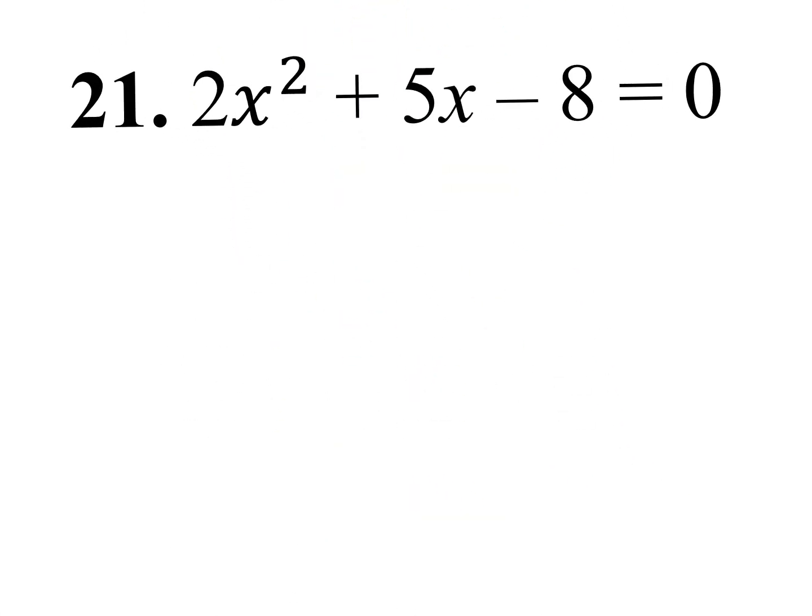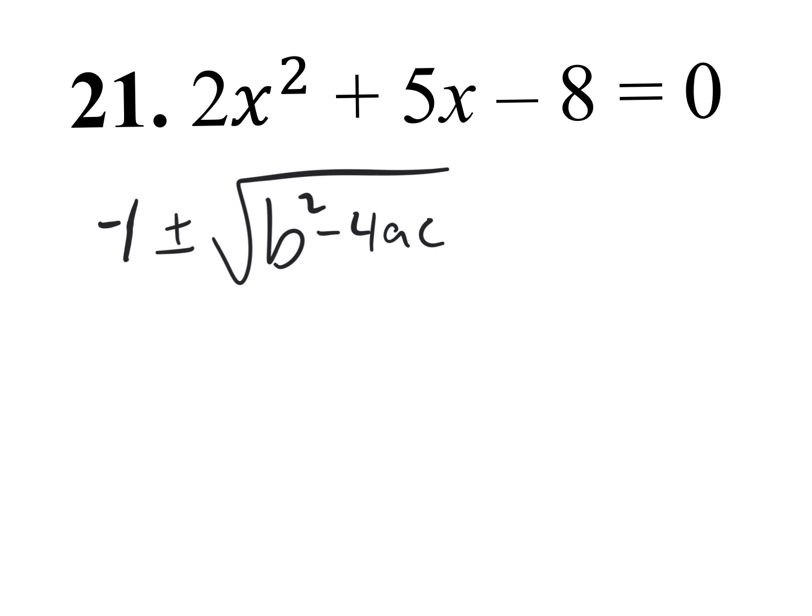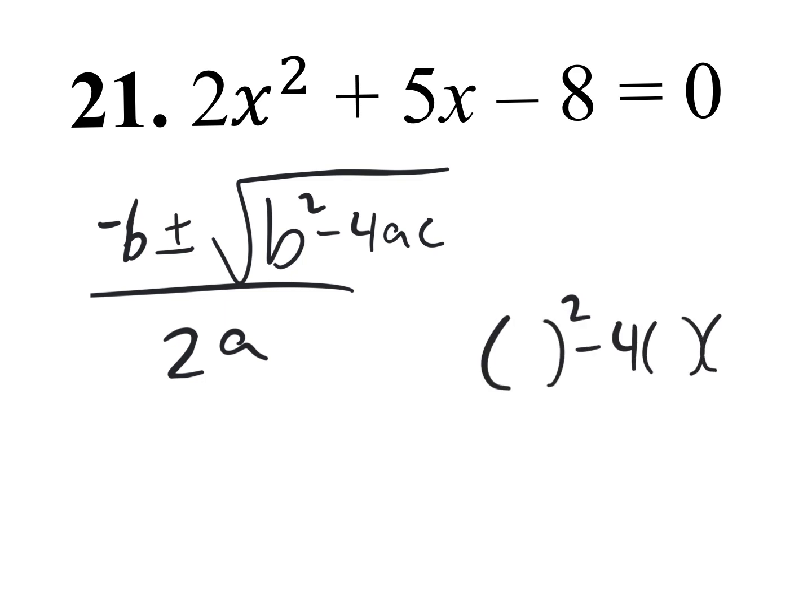So right here, again, the discriminant is b squared minus 4ac. Remember, that's the value inside the square root of the quadratic formula. So just focusing on b squared minus 4ac, the b value is 5, the a value is 2, and the c value is -8.